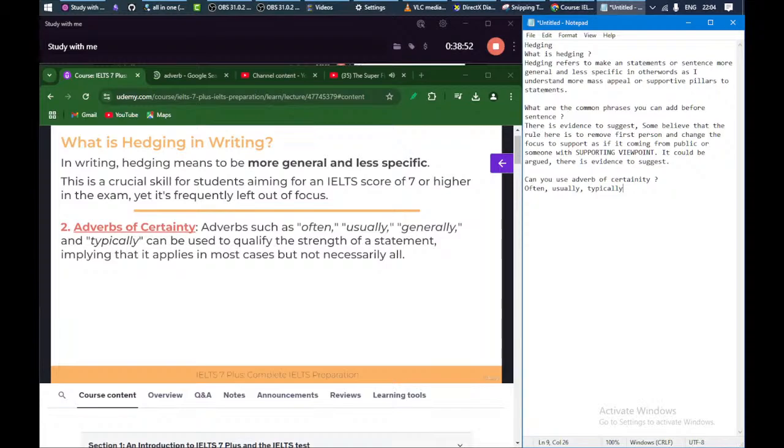Where would you make the change and add the modal verbs? Maybe you would want to pause the video now and try and add modal verbs so that you are hedging in your example writing.